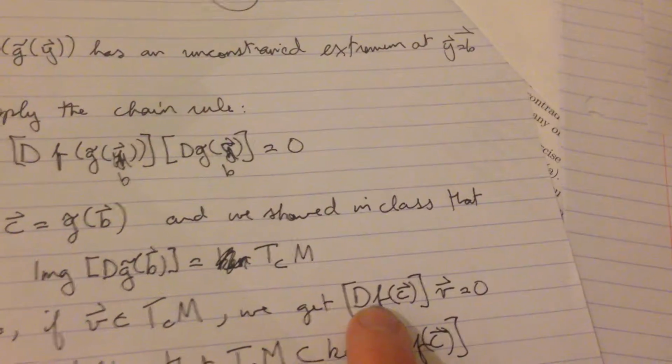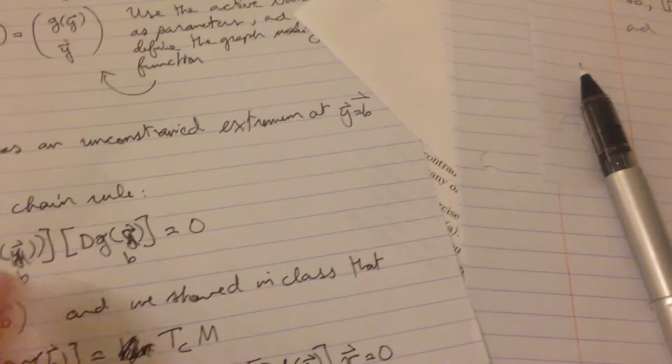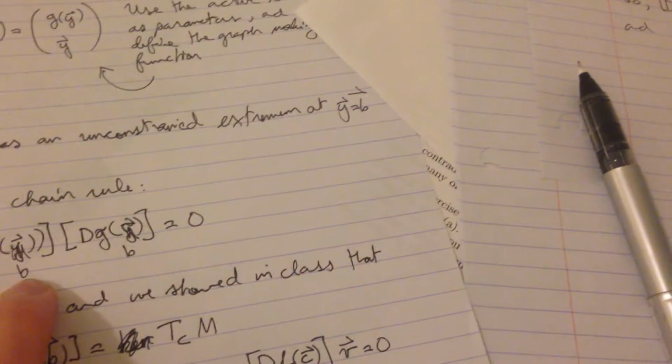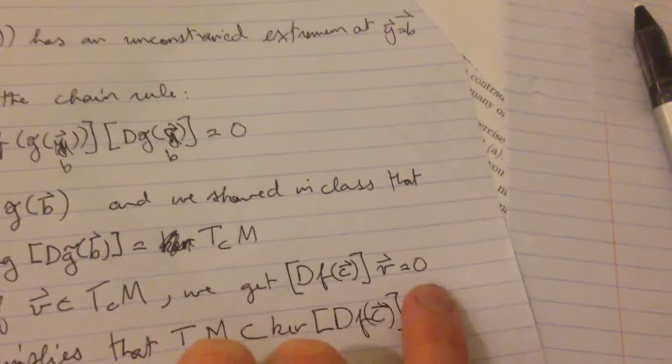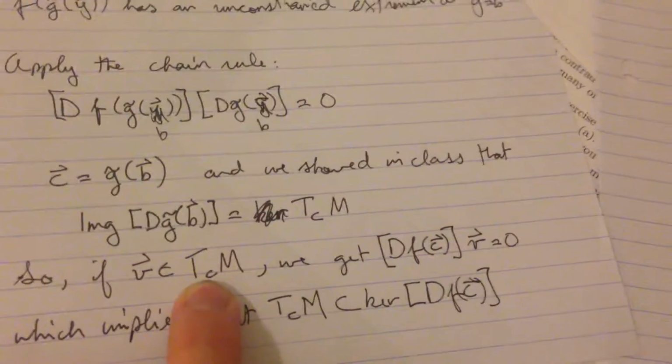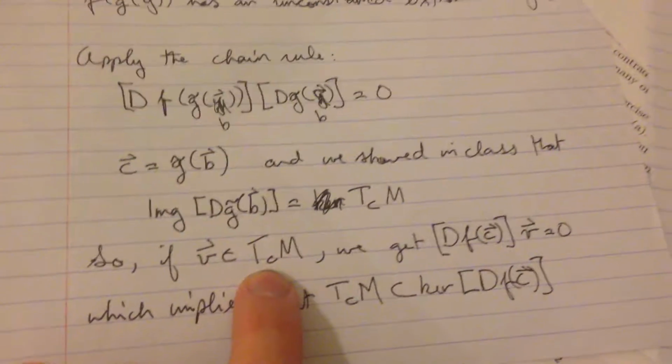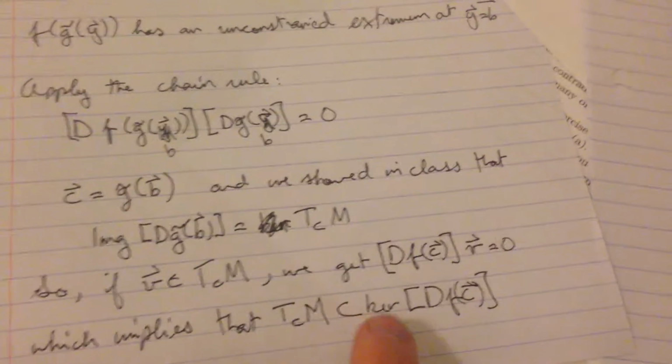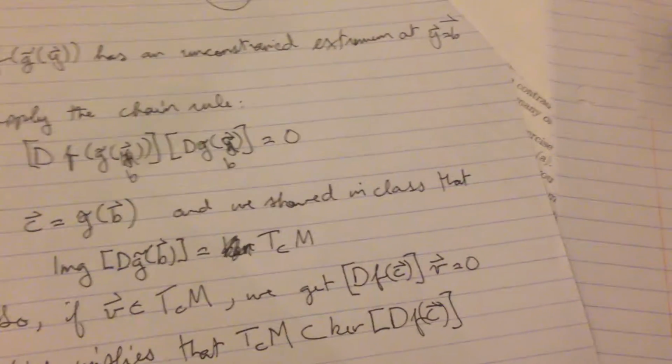So we're left with df evaluated at C, which is the same thing as d of f evaluated at our graph making function g evaluated at b, is equal to 0. And this implies that this v, which is some arbitrary vector in our tangent space, is in the kernel of the d little f evaluated at C.